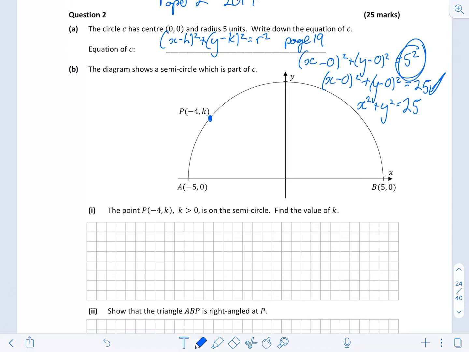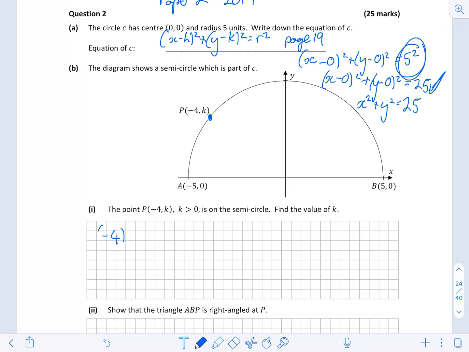Okay, so I know that my x value for k is minus 4. So into this formula here, I can throw in a minus 4. So minus 4 squared plus k squared, because k is the same thing as y, is equal to 25. So this line here is this line here.